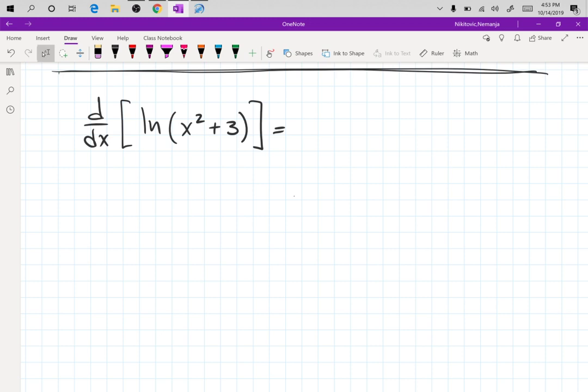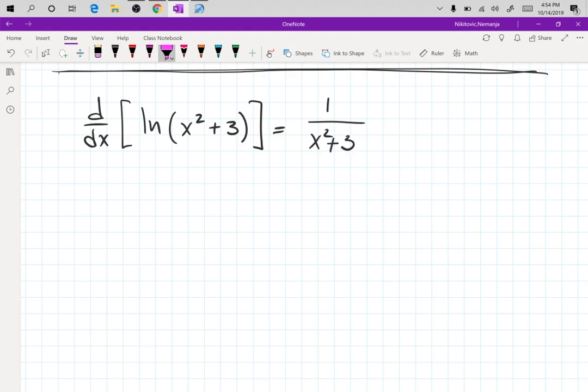Okay, that's not so bad. I can live with that. The derivative of ln is 1 over x. Nice. So it's 1 over x squared plus 3 times 2x. So we have 1 over x squared plus 3 that plays the role of 1 over x.